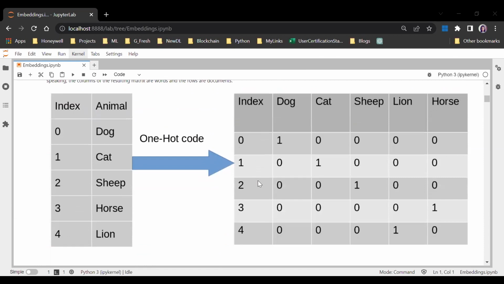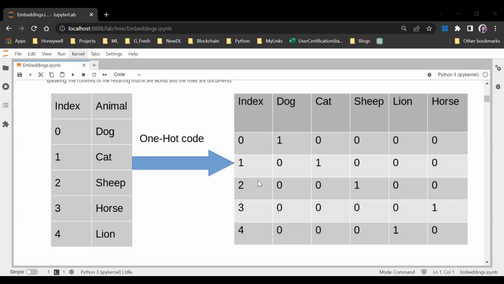One-hot encoding is a very common method for representing categorical data. Here you see the example of animals. We have 5 different animals, and on the right side, you see the one-hot encoded representation. This is an unsupervised technique that maps a single category to a vector and generates a binary representation. The process is very simple.